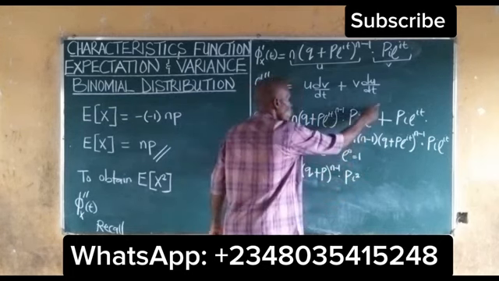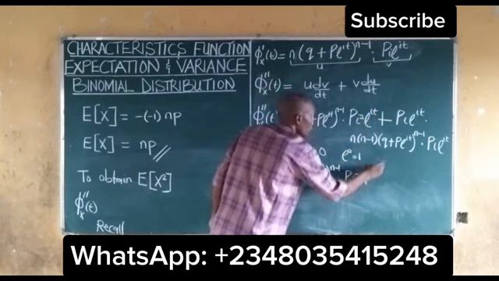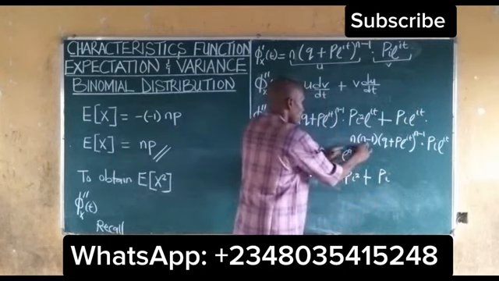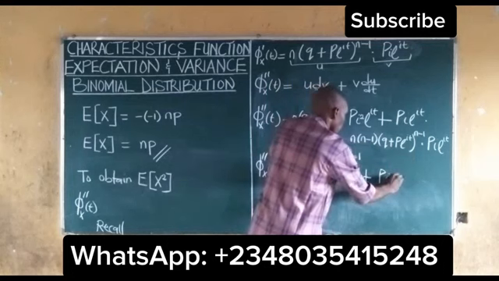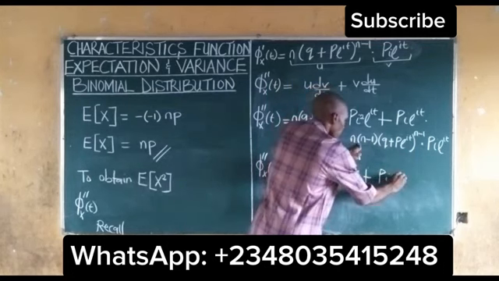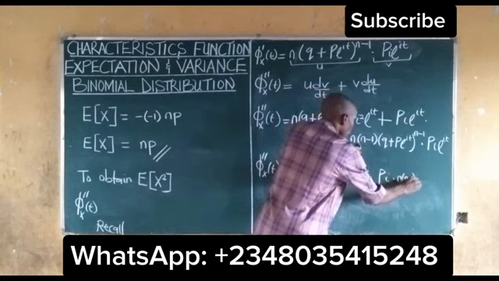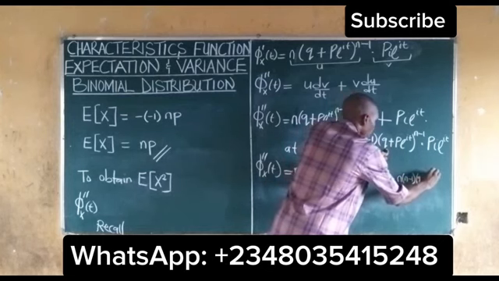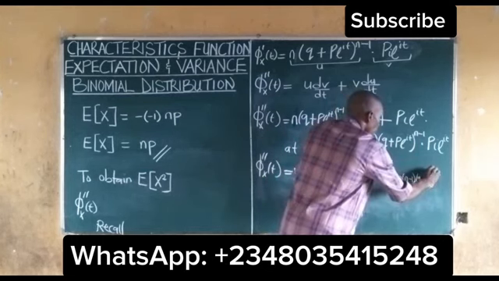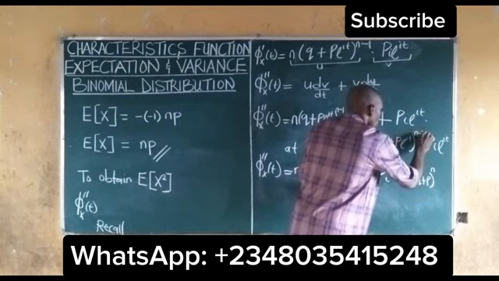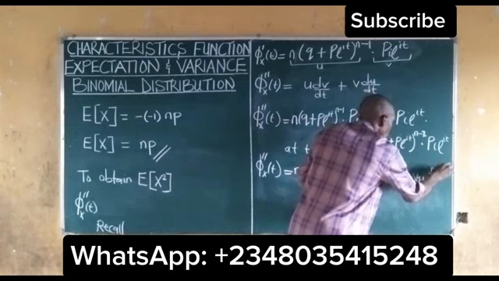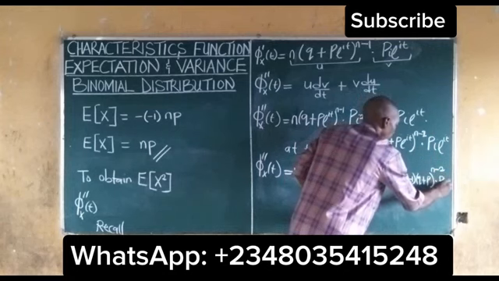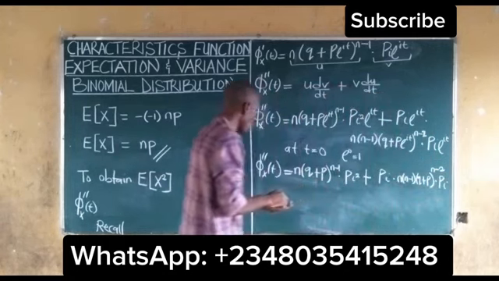At t is equal to 0, exponential 0 is equal to 1. The whole of this turns to 1 plus the whole of this turns to 1. We have p i. Now we have the whole of this, which is multiplied by n into n minus 1 into (q + p) raised to the power of n minus 2 multiplied by p i. So this is what we got.